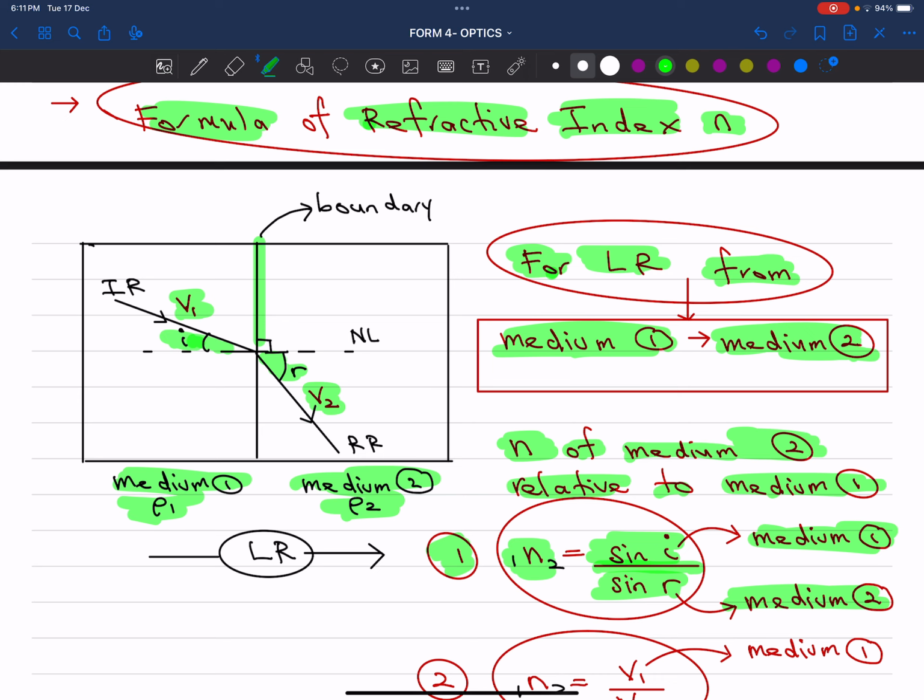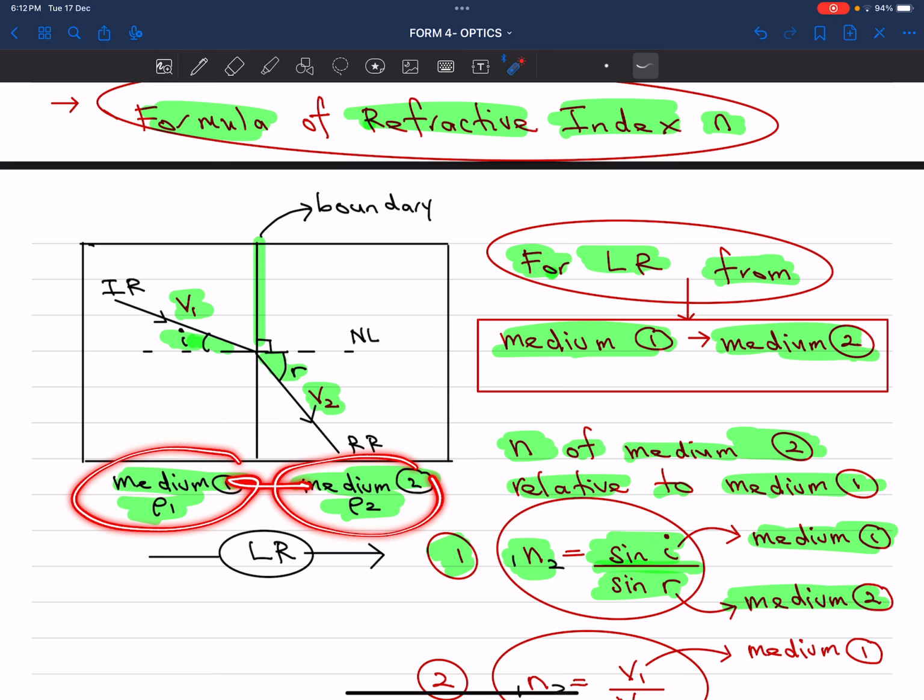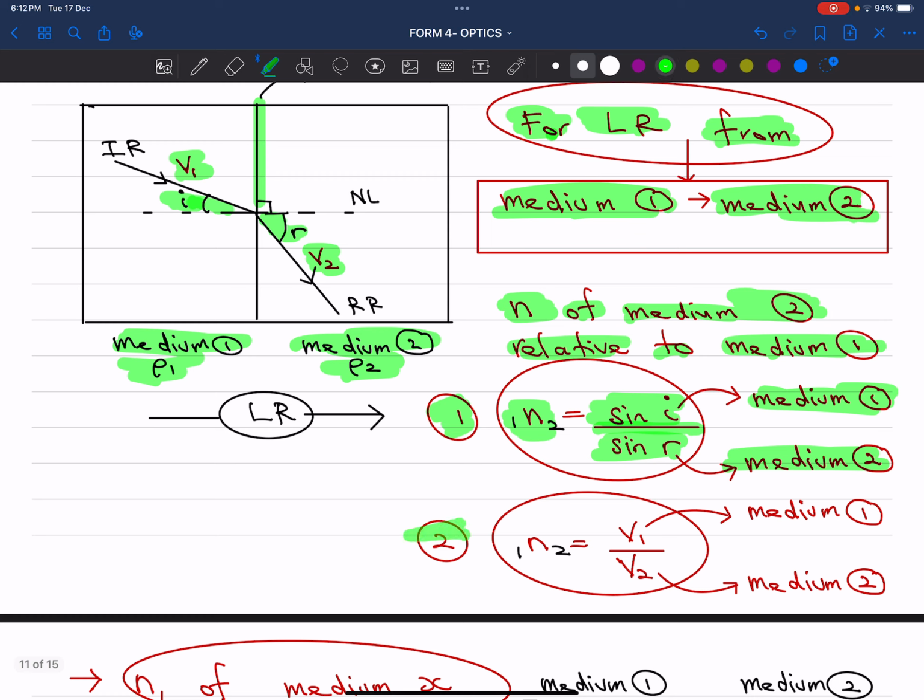So our first formula is n = sine I over sine R. The I is in medium 1, R in medium 2. The second formula for refractive index, n12, the meaning is refractive index of medium 2 relative to medium 1. It is the speed of light V1 in medium 1 divided by the speed of light V2 in medium 2.